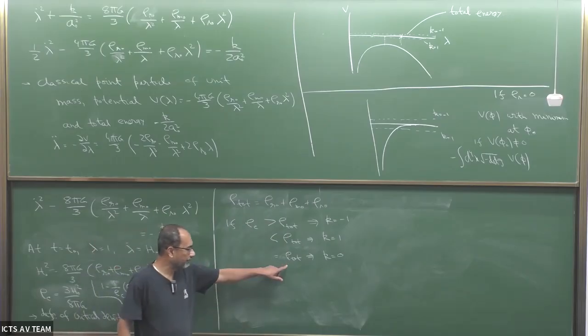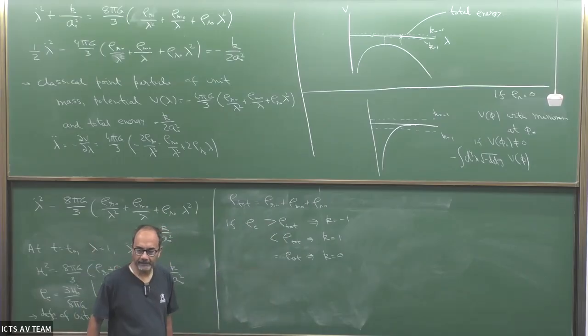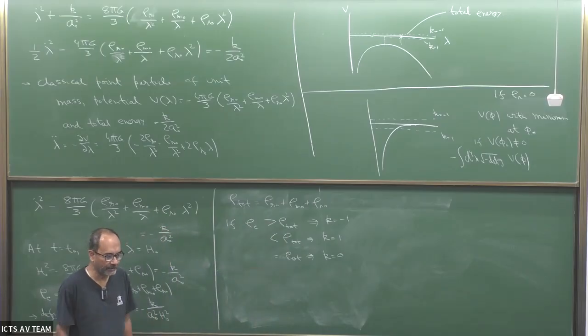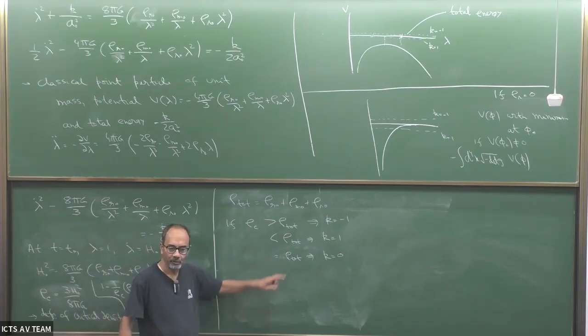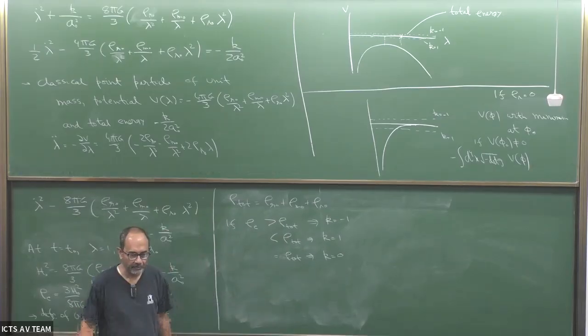But this, of course, you can never be sure. In an experiment, when you measure something, you can never be sure that it's exactly equal to something. So you can never say whether k is 0 or not. All you can do is put bounds on A0.